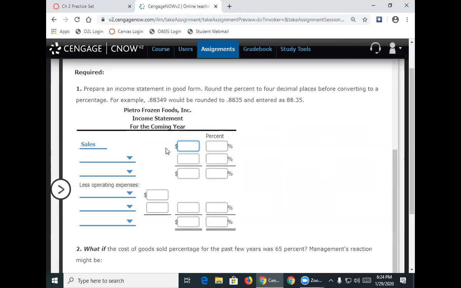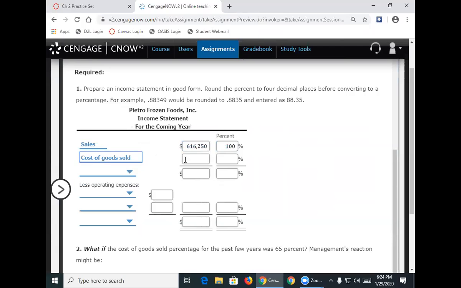Very good. So it's 616,250. And we're going to do everything as a percentage of sales. So sales is 100%. Cost of goods sold is next. And again, we're subtracting it out. And we would have to calculate it, but we already did. We have that. So minus 431,400.